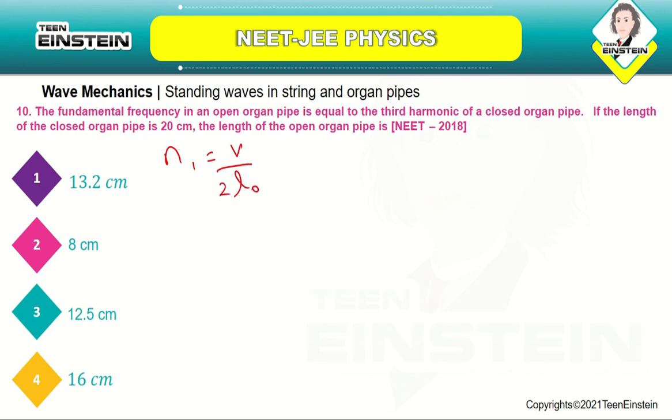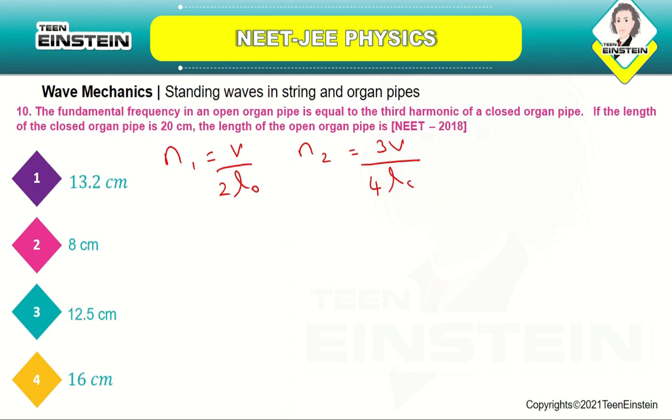Frequency of third harmonic for closed organ pipe is given by N2 is equal to 3V by 4LC. Here L0 is for open and LC is for closed.